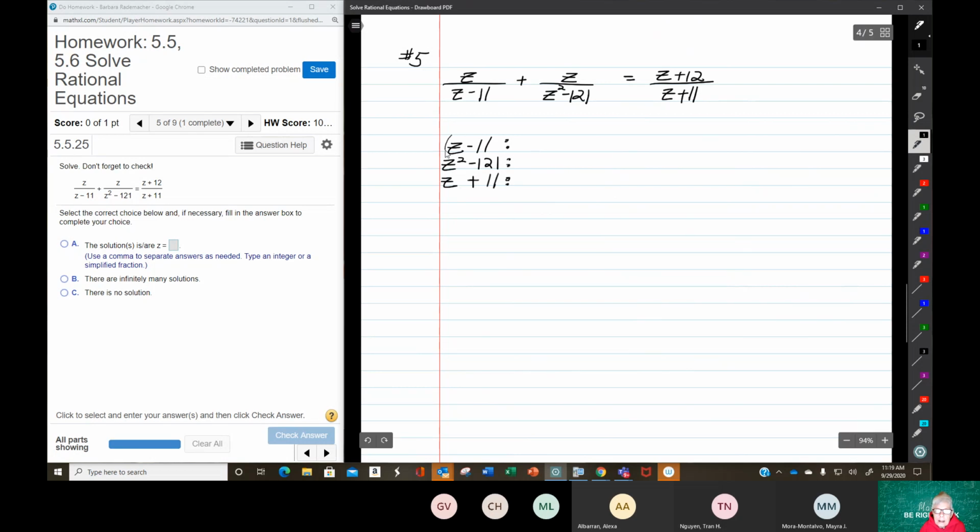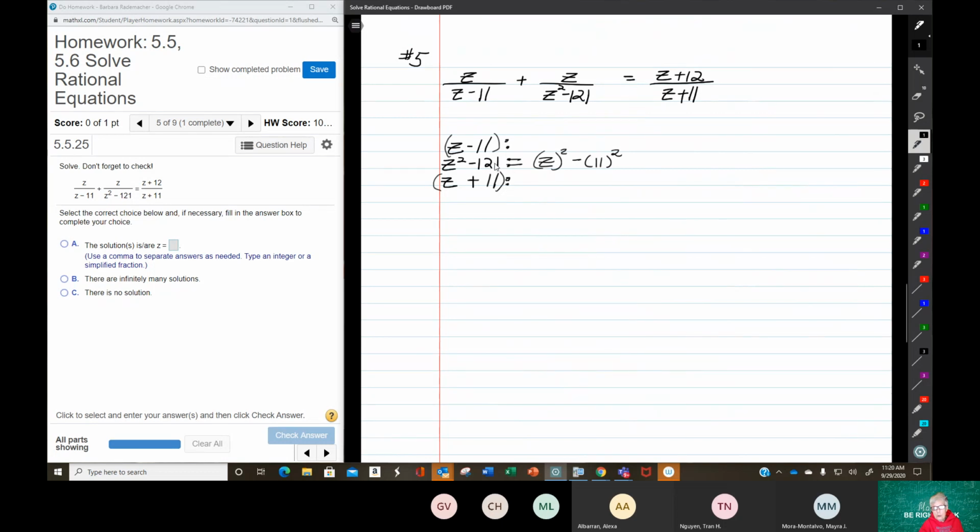z minus 11 can't be factored. I mean, that's already in lowest terms. It's just your basic linear binomial. So is z plus 11. However, z squared minus 121 can be factored as the difference of squares if you know that z squared minus 121 is z squared minus 11 squared. 11 times 11 is 121.